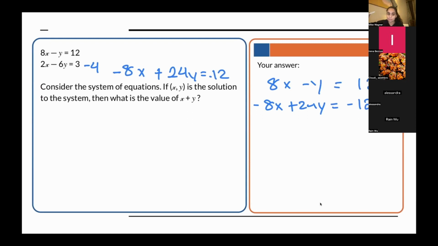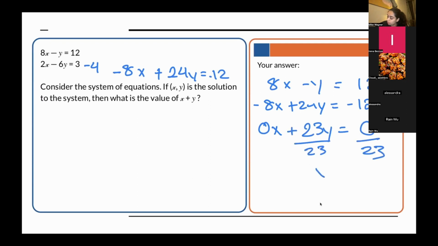If we add down, 8x minus 8x is 0x. Negative y plus 24y is 23y. And 12 minus 12 is 0. So if we divide by 23, y equals 0. And we're going to plug it back in.